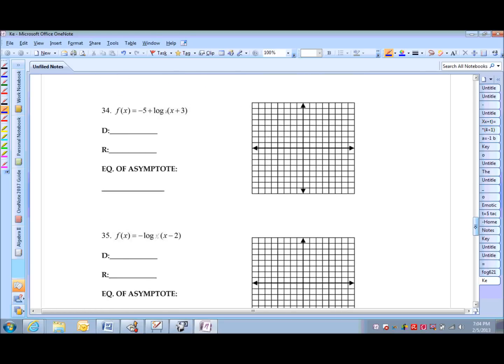Okay, in 34, the parent function that we're dealing with is f of x equals log base 2 of x. So I'm going to go ahead and plot those parent points for that function. And if you need to memorize those, refer back to those worksheets we did in class. That will help you. Okay, and the transformations with the x, we move left and right. So the plus 3 inside with the x tells me I need to move left 3.